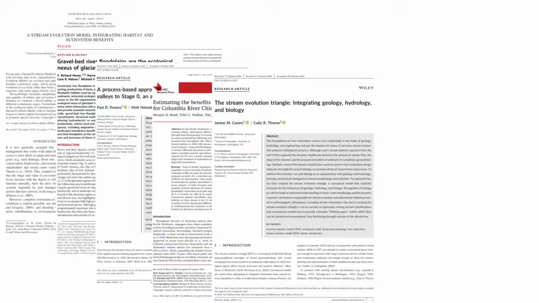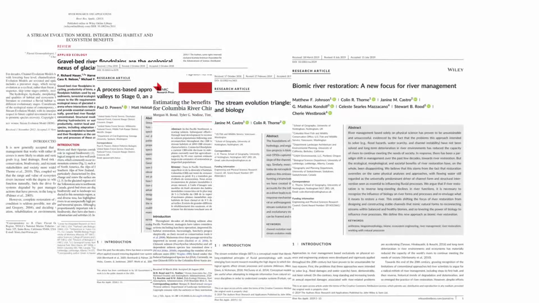That's the emphasis of that paper, which was followed the next year by a paper with Matt Johnson as the first author on biomic river restoration, again focusing on biology as the new paradigm in river management, which seems kind of odd, but I think is a big change.